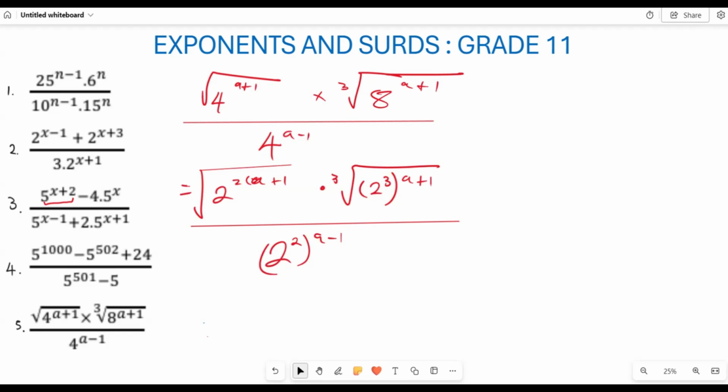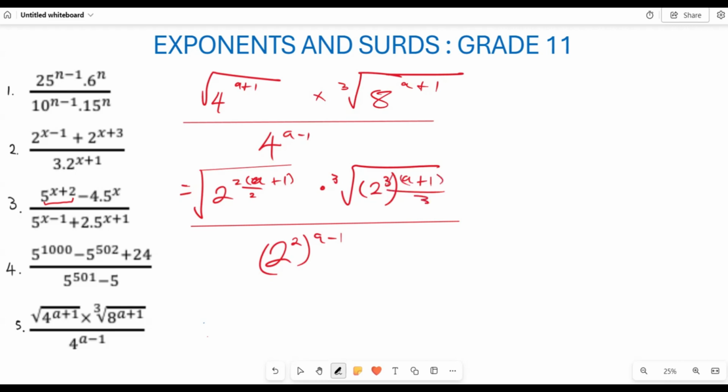So if I want to get rid of the square root here, I must divide everything here by 2. And here, if I want to get rid of the cube root, I must divide everything here by what? By 3, right?